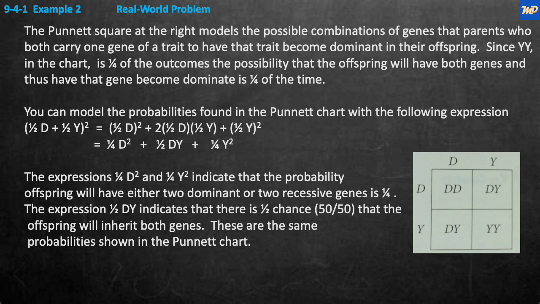Since YY, right here in the chart, is 1/4 of the outcomes, there are 4 outcomes: DD, DY, DY again, and YY. So this is dominant. They have the dominant gene and the non-dominant gene.